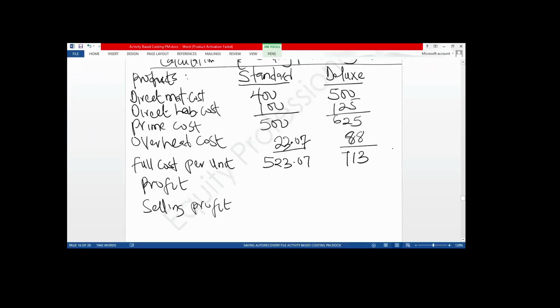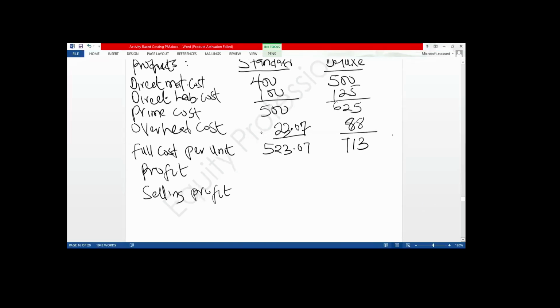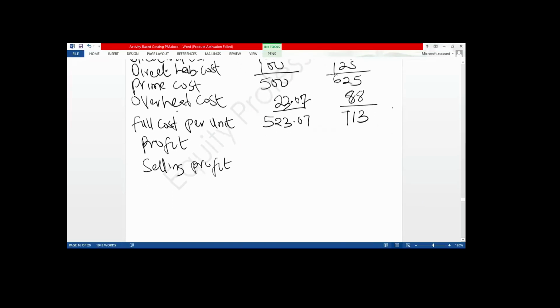If I now want to gross up to 100%, I'll just come here to this figure and put the working here.